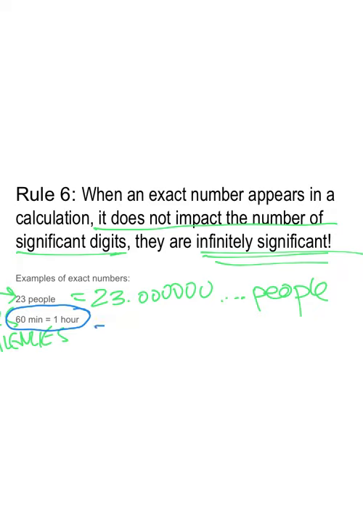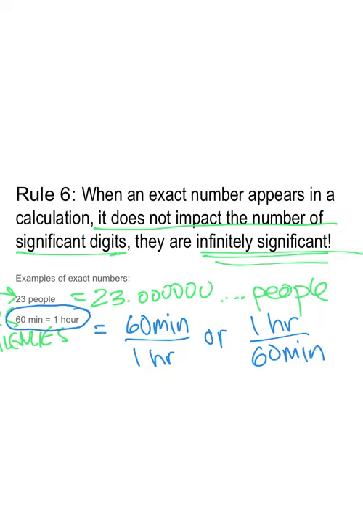You could use that in a mathematical equation as 60 minutes per hour, or that there's 1 hour for every 60 minutes that pass. This is considered to be an equivalency, and it is infinitely significant, so it will never impact the number of significant figures in the final answer when doing a mathematical problem.